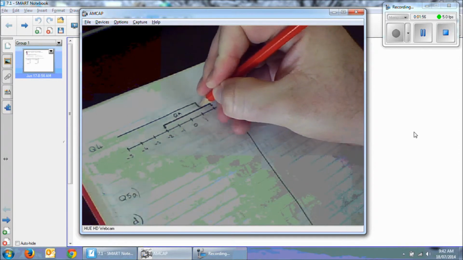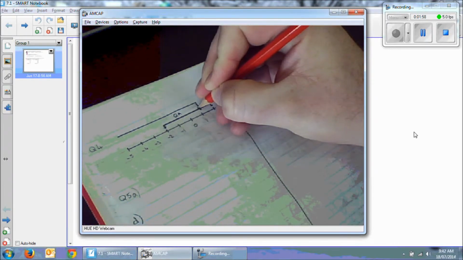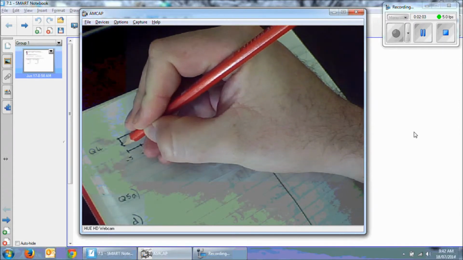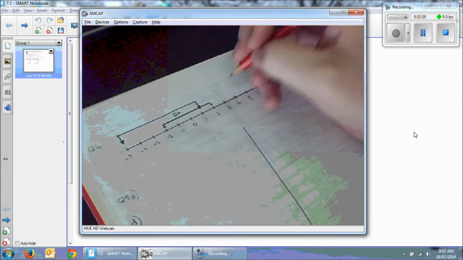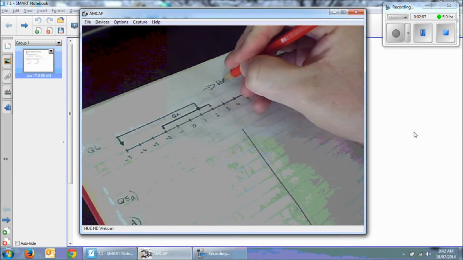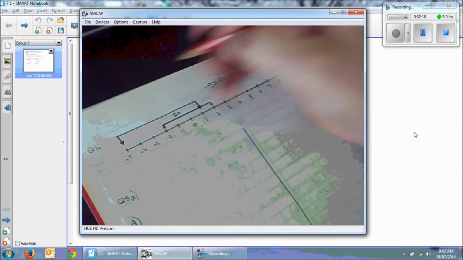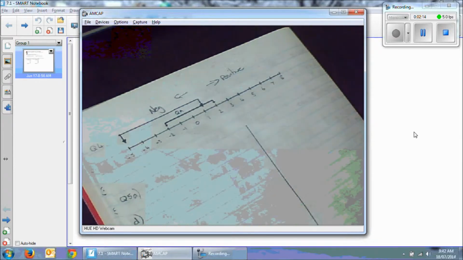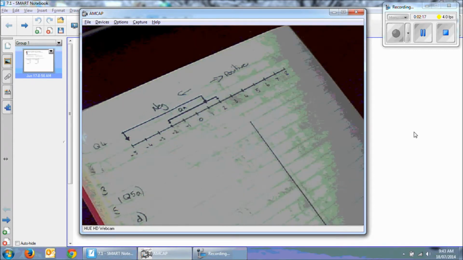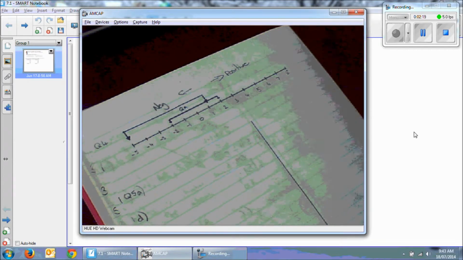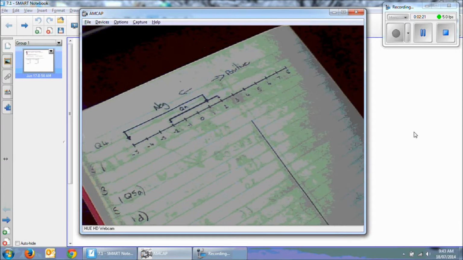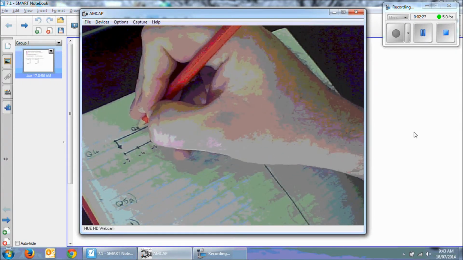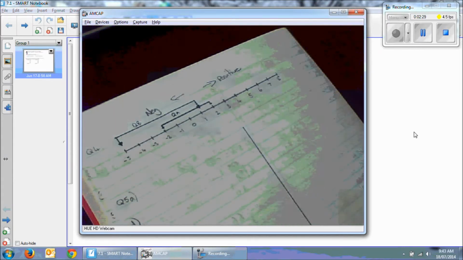Now the important thing about this question for you to see is that the numbers to the right of 0, in this direction, are positive, and the numbers to the left are negative. So it's really important to remember that fact. Numbers to the left of 0 are negative, numbers to the right of 0 are positive. And this was question B. So that question is pretty straightforward.